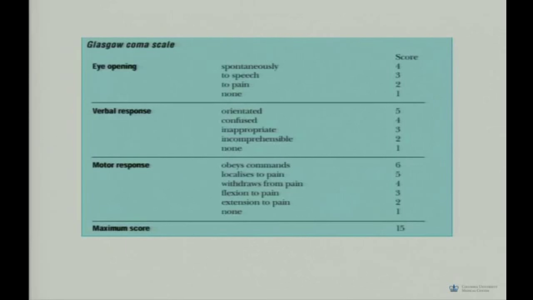Okay? And we break it down in terms of eye responses, verbal responses, and motor responses. What's interesting about the Glasgow Coma Scale, among other things, is that just by showing up you get a 3, right? So a dead person gets a Glasgow Coma Scale of 3.